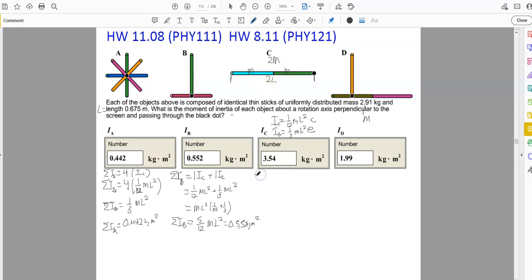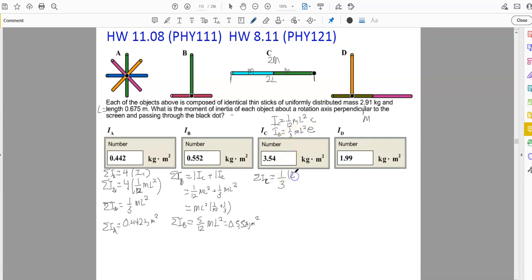So the sum of the moments of inertia at C looks like one rod spun about the end, which is 1/3 mL squared.